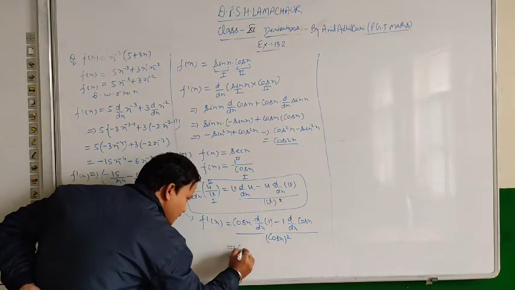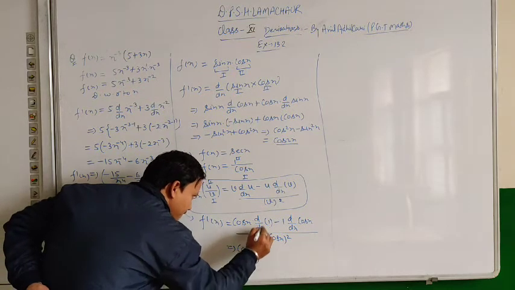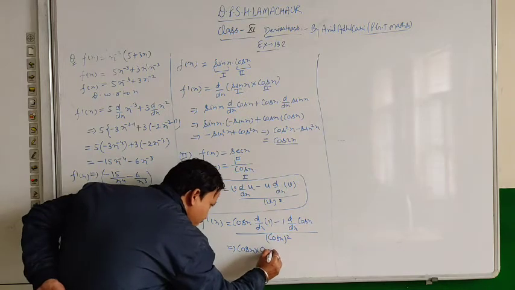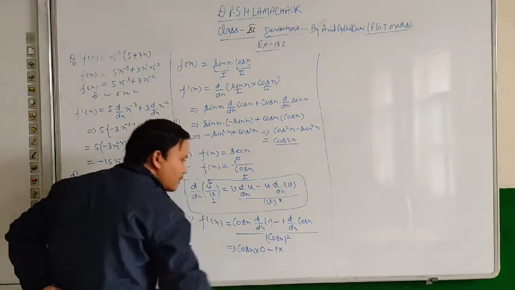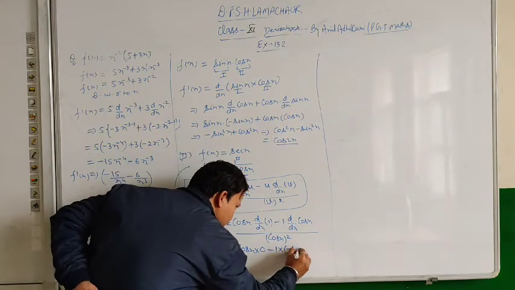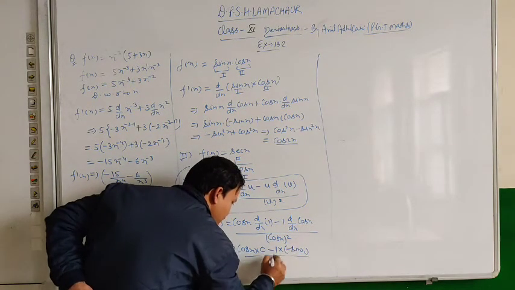So cos x, derivative of 1 is constant, so derivative of constant is 0 as we know, minus 1 into derivative of cos x, we know that is minus sin x, divided by cos square x.